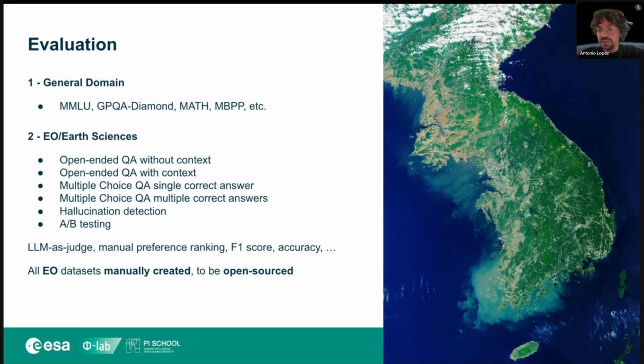Of course it is nice to have a model suited for Earth observation, but we also want to retain the capability of the model. To do this, we also need to track these metrics, because we can expect a drop, but we must limit this drop of performance in general domain. As a second set, we have Earth observation and Earth science benchmarks. These are, of course, the most important benchmarks for us.